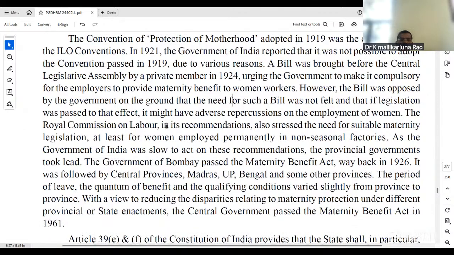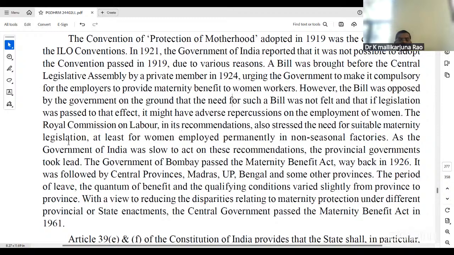The Royal Commission on Labour, in its recommendations, also stressed taking suitable measures for maternity benefits for women workers, at least for women employed in permanent or non-seasonal factories. The Government of India was slow to act on these recommendations, as debate and discussion take a lot of time. But the Government of Bombay passed a Maternity Benefit Act way back in 1926.